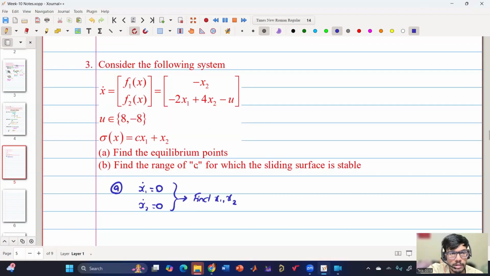Others are also getting the same answer? Are you getting 4 comma 0 and minus 4 comma 0, right?